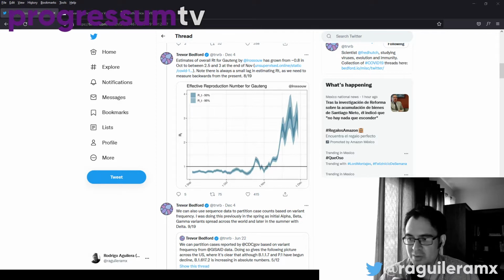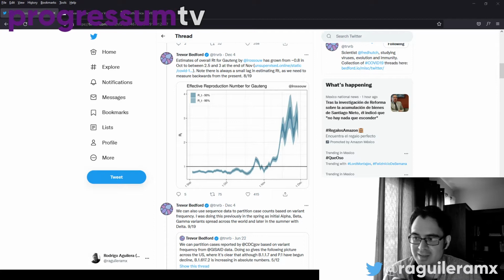Now the difference between the two is R naught is the one that we're probably most familiar with, and that refers to the natural capacity of a disease to spread, or rather a virus or any other pathogen. R naught always assumes a condition in which there are no social distancing measures, no lockdowns, no vaccine protection, etc. So it really tells you what is the natural capacity of that virus to spread.